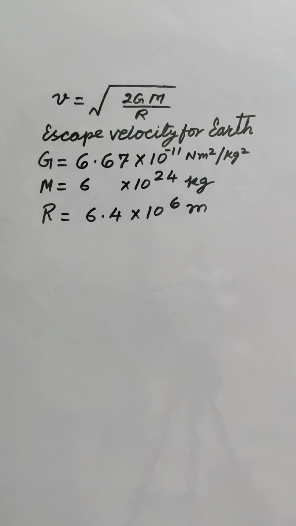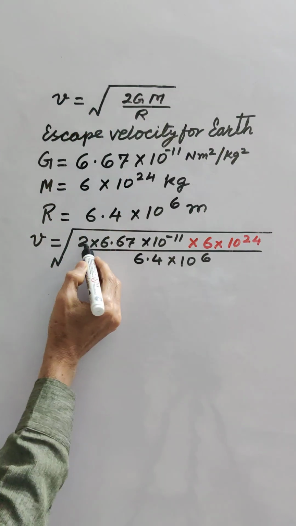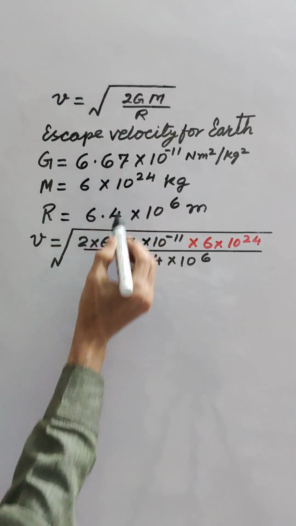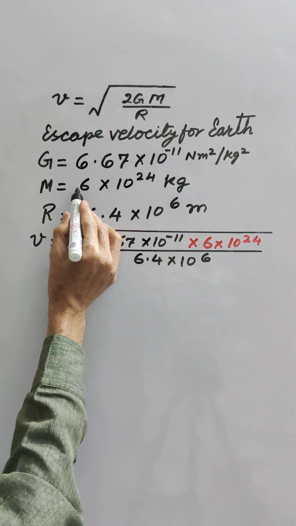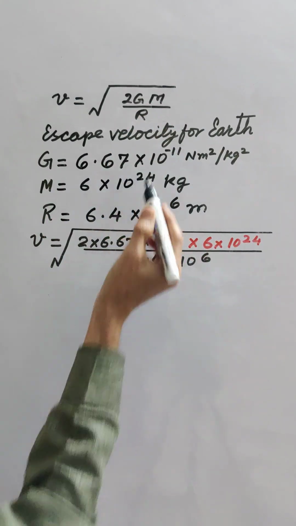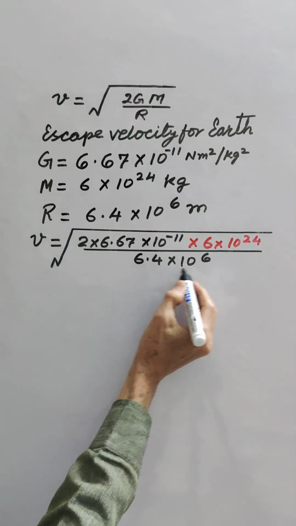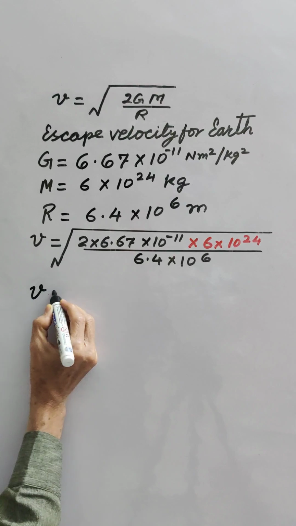Now substituting these values into the formula, in place of 2 we shall write 2, in place of G we are writing 6.67 into 10 to the power minus 11, in place of capital M we are writing 6 into 10 to the power 24, and in place of radius, 6.4 into 10 to the power 6.